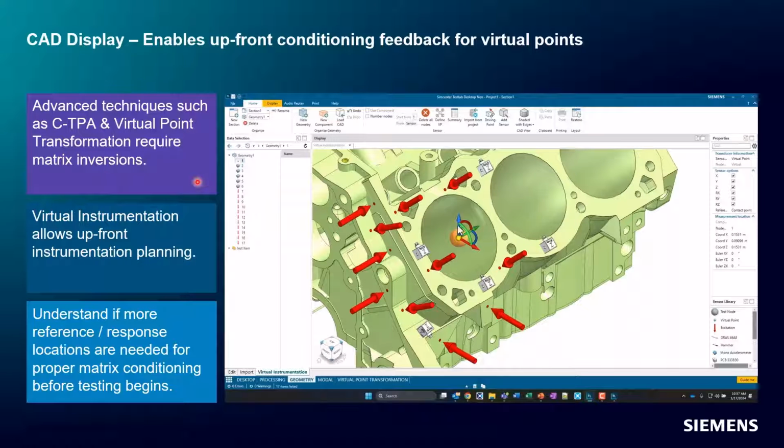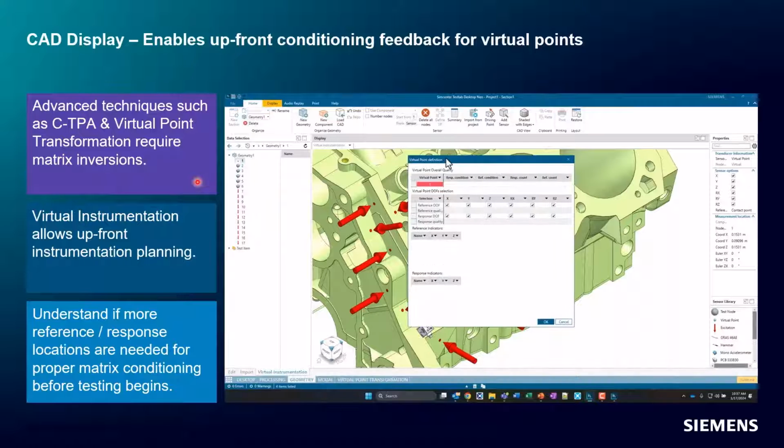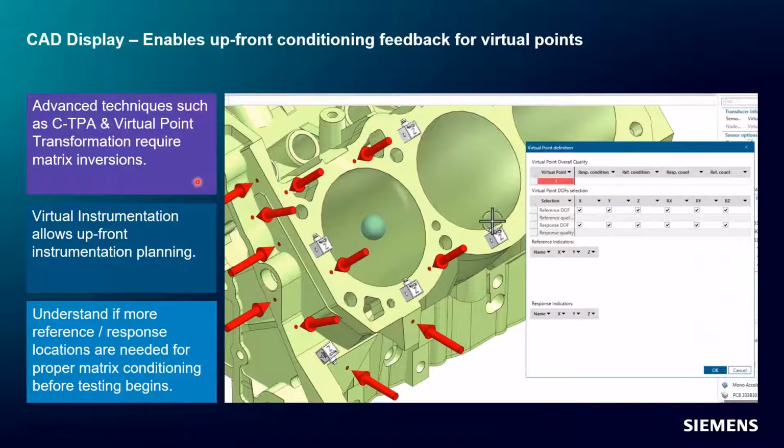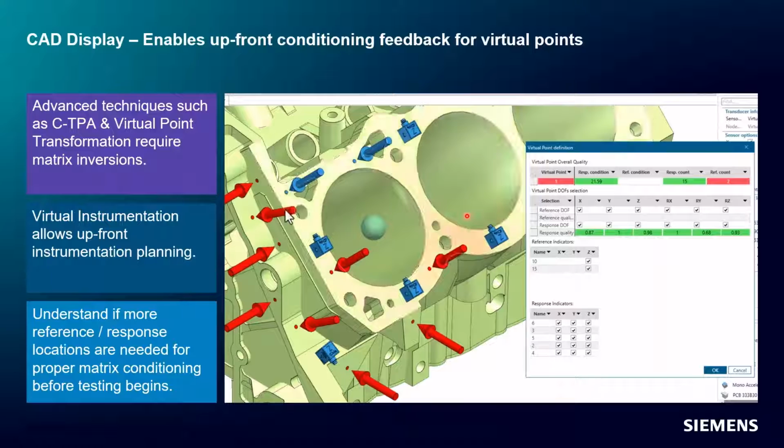Upfront conditioning and feedback for virtual points. So one of the other advanced techniques that we're going to use for something like component-based TPA, virtual prototype assembly, is virtual point transformation, where we actually want to measure and calculate FRFs from points that are physically unable to be tested, right? The center of this cylinder here is where we actually want the FRF to be.